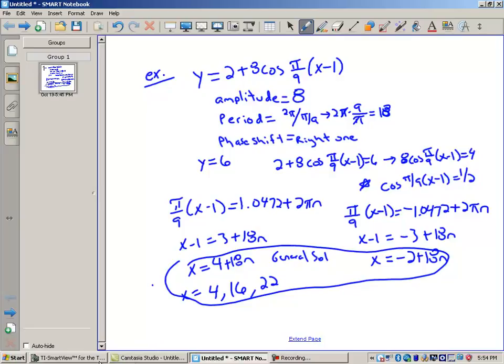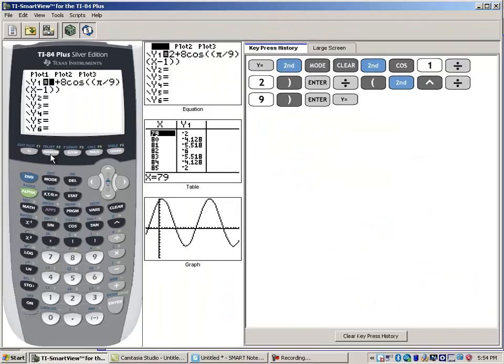Alright, so let's go back to our calculator here. And let's graph the line y equals 6. Come down here so I can see it. Go to the graph screen.